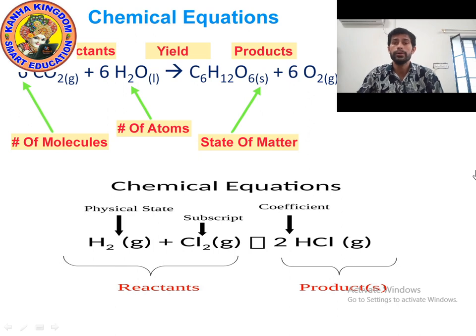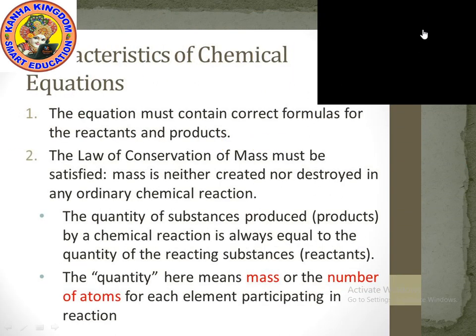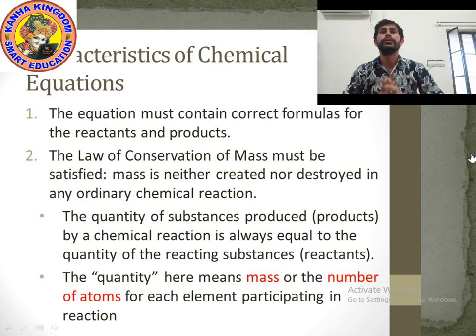Now let's move on to the next point. We will discuss the characteristics of chemical equations. Characteristic number 1: the equation must contain correct formulas for the reactants and products.